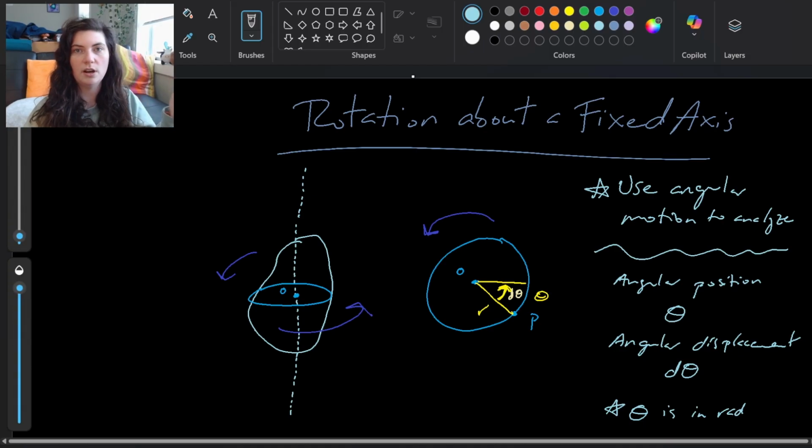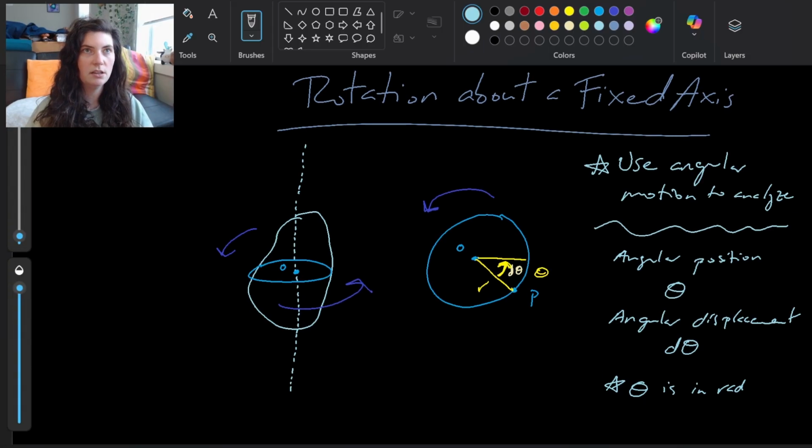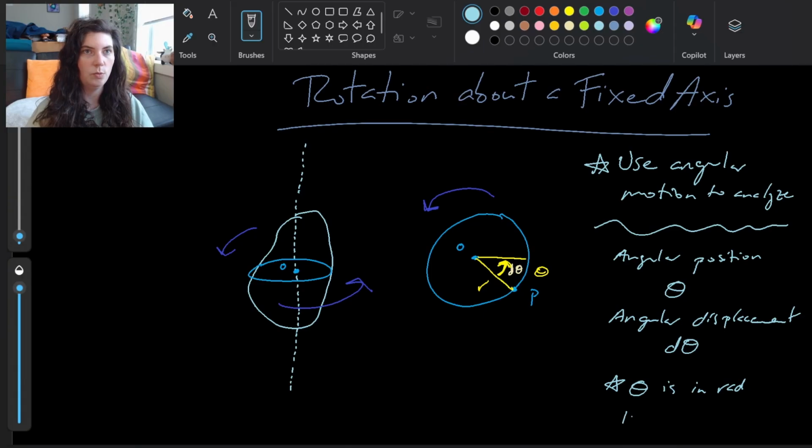To convert between revolutions and radians, 1 revolution is 2 pi radians, 2 pi being the full circle in radians.